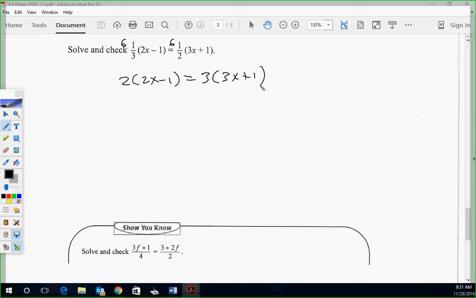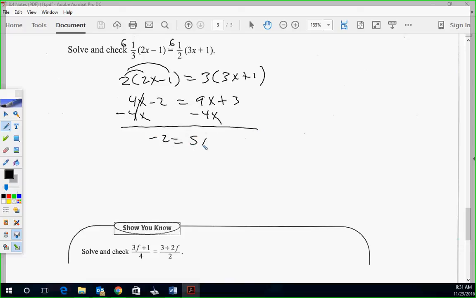Yeah, so let's distribute everything out. We'll distribute this out: 4x minus 2, 9x plus 3. Move my smaller x, minus the 4x, over. Now move the 3 and divide by 5.